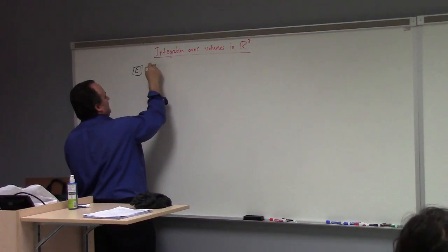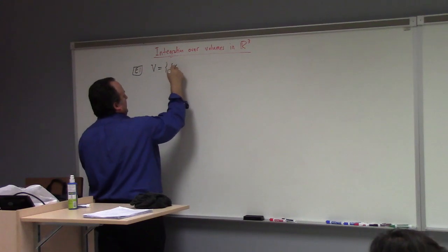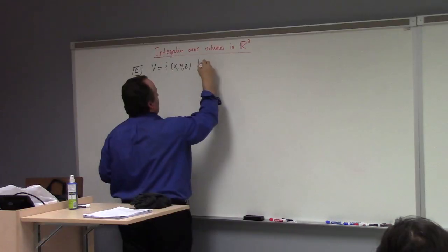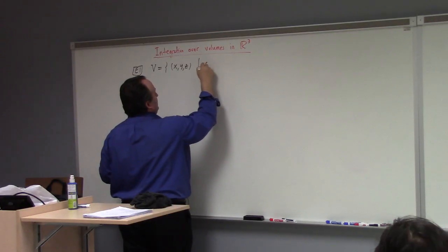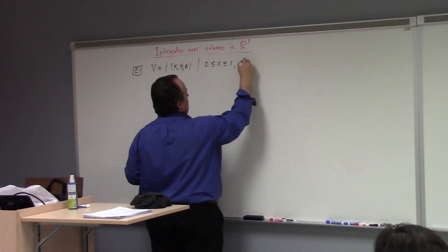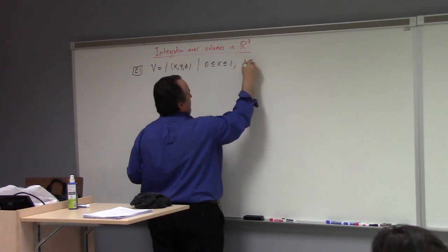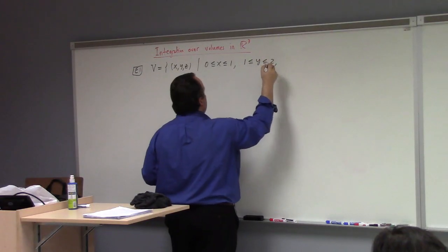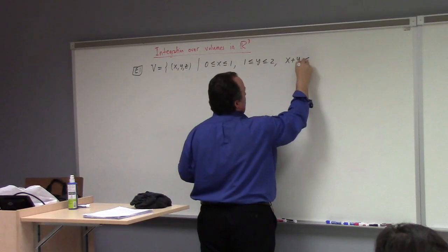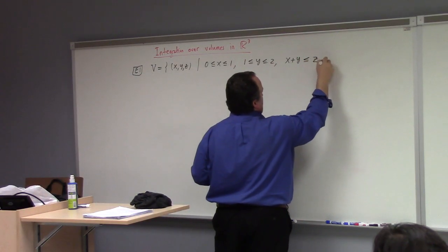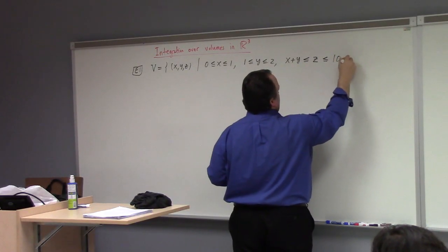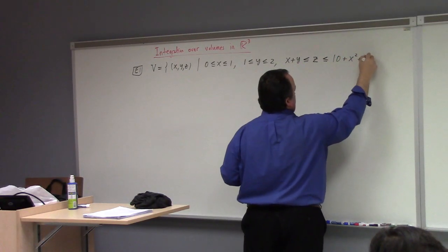All right, so like here, this volume, for instance, we could talk about x, y, z such that, let's say, 0 is less than or equal to x, which is less than or equal to 1, 1 less than or equal to y, less than or equal to 2, and x plus y less than or equal to z, which is less than or equal to, let's say, 10 plus x squared plus y squared.